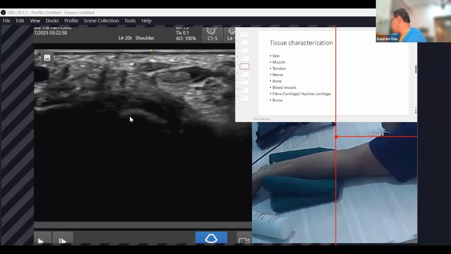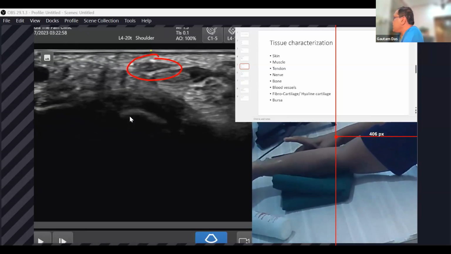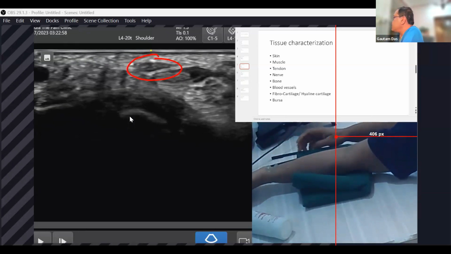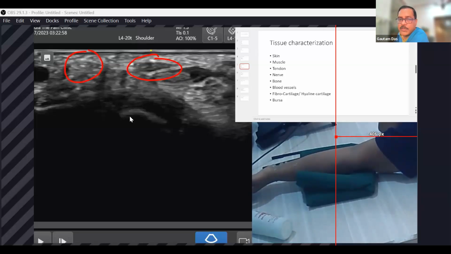So here you see, within a dark background, we are having hyperechoic dots, and it looks like a honeycomb-like appearance. So this is your nerve. Nerve and tendon might look similar, but the difference here is the contrast between the white and the black is much more prominent with the nerve than the tendon.